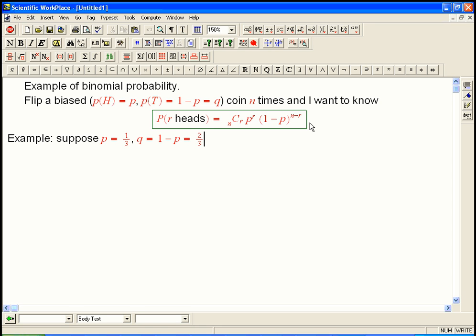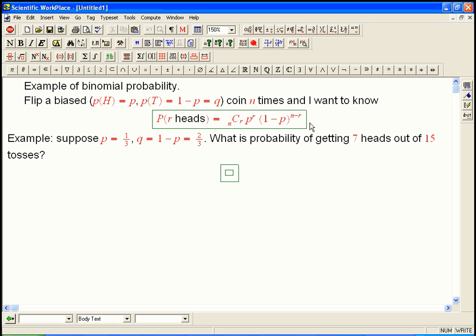And I want to know what's the probability of getting 7 heads out of, let's say, 15 tosses.